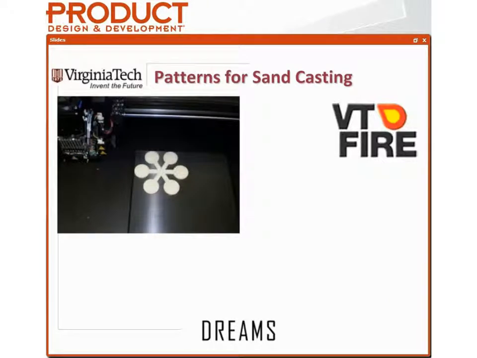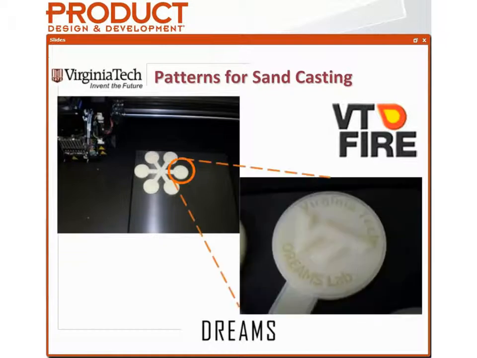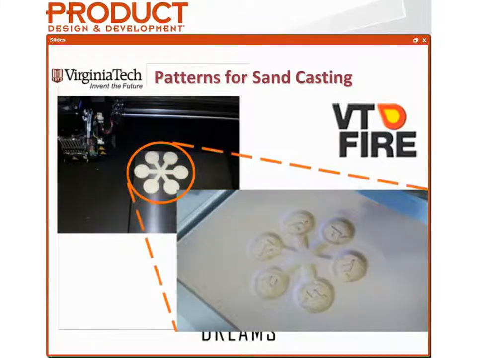Similarly, we can do the same thing in sand casting, and in sand casting we can print patterns directly that we can then embed into foundry sand. So again, we tend to use the Objet process here because of its high quality surface finish and its high resolution. We're able to make some very small lettering, which translates very nicely into sand.